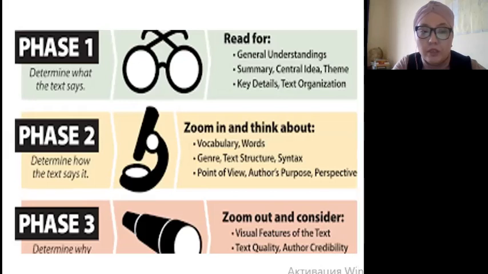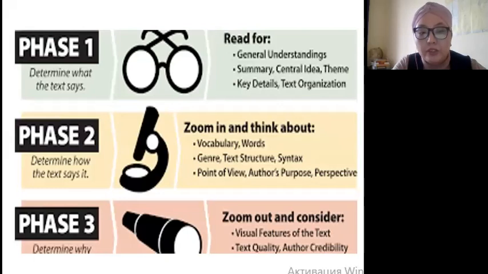Of course, it will depend on the style or author's purpose, the structure of the text, etc. The second phase is to determine how the text says it. You are using vocabulary, words, genre, text structure, and syntax, and you are trying to find out the point of view, author's purpose, and perspective.